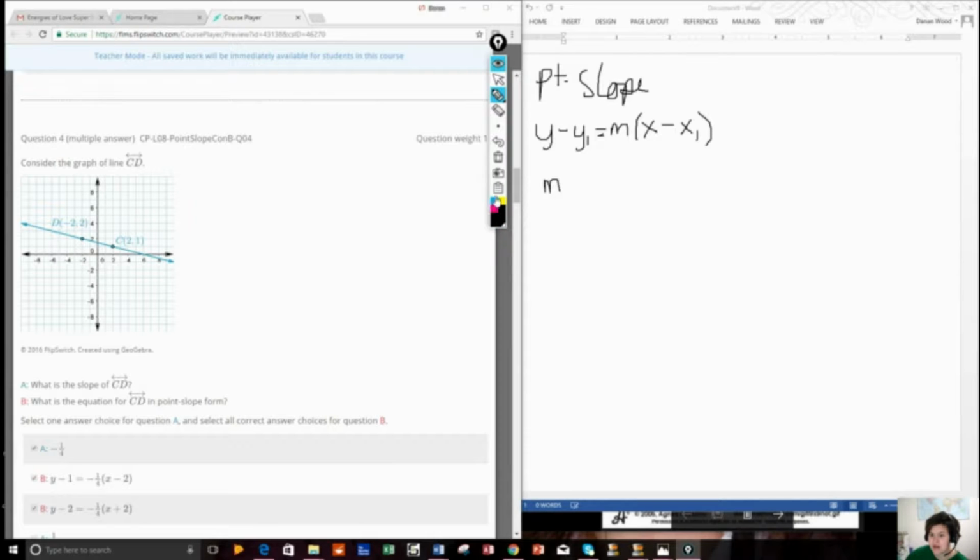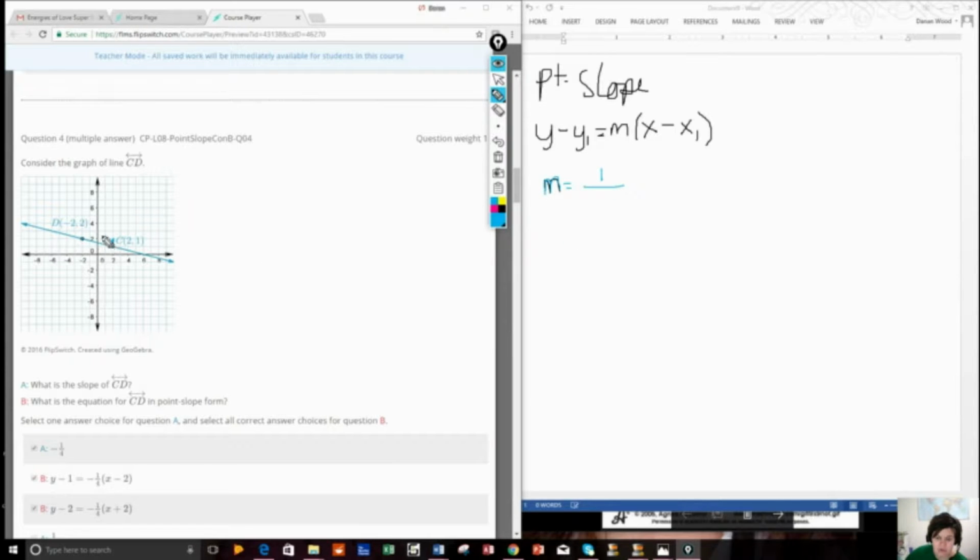And that would be our M. M is going to equal, and since they have it graphed out, I'm going to count it on the graph. So slope is the rise, or the vertical distance. So from C to D, it went up 1 unit. So I'm going to say 1.